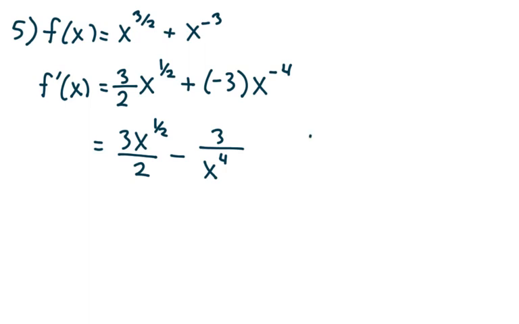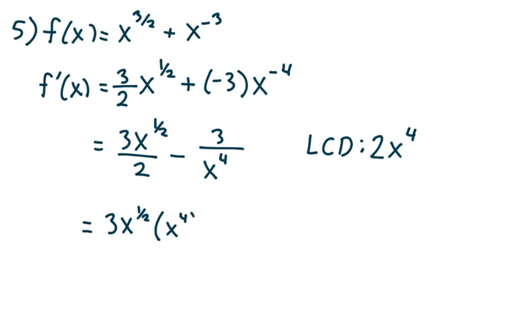Now, the LCD between 2 and x to the 4th is 2x to the 4th. Okay? And so on the first term, I'm going to multiply top and bottom by x to the 4th. So in other words, I'm going to take 3x to the 1 half, that's in the numerator. I'm going to multiply by x to the 4th.